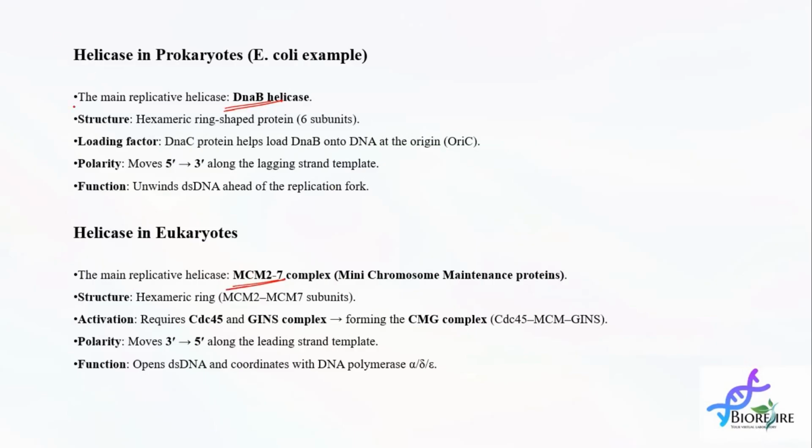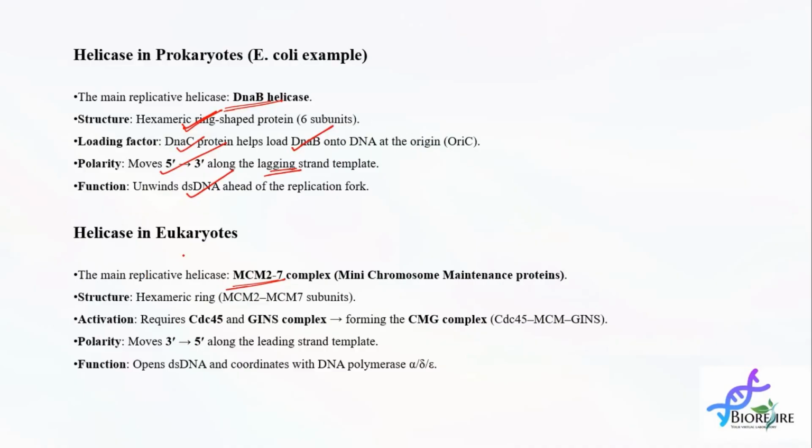In terms of structure, in prokaryotes it is a hexameric protein. DnaC and DnaB help to load the DnaB proteins. Regarding polarity, it moves 5' to 3' on the lagging strand, but 3' to 5' on the leading strand. Its function is to unwind.